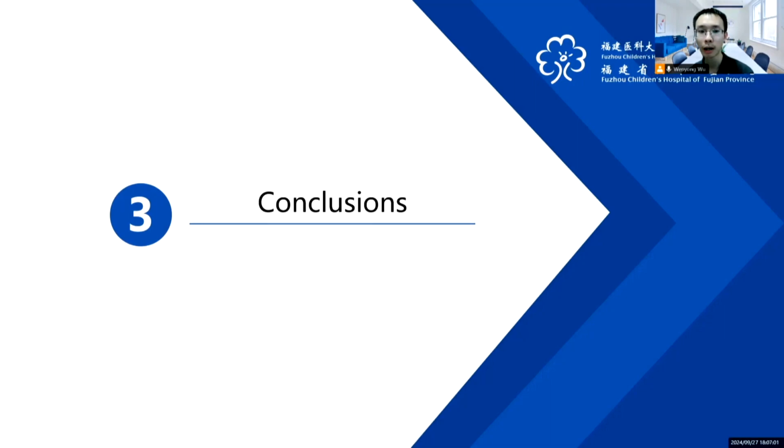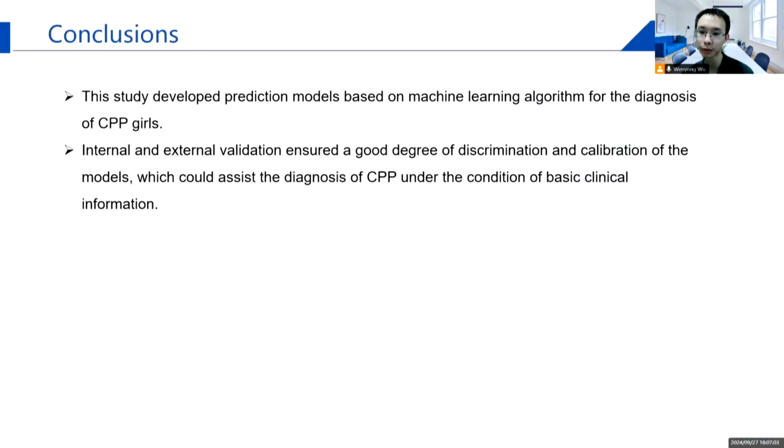The final part is the conclusions. The first is that this study developed prediction models based on machine learning algorithms for the diagnosis of CPP in girls.